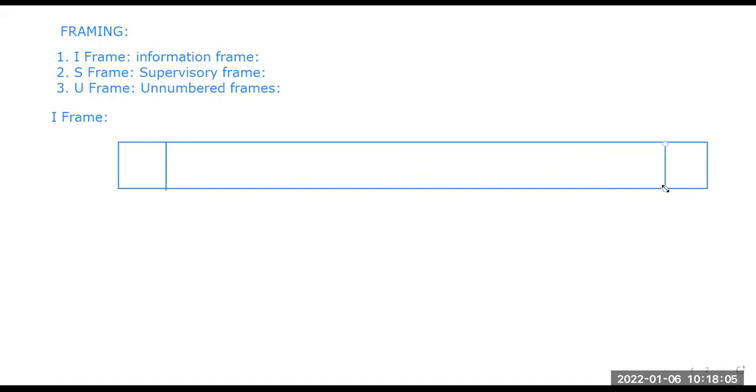So there are two flags in the frame format of the I frame. After the flag, there is a part called address. After the address, there is a part called control. Then comes the user information. After the user information, there is a part called FCS.